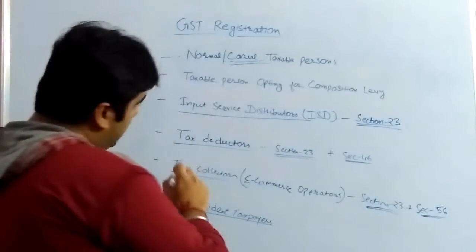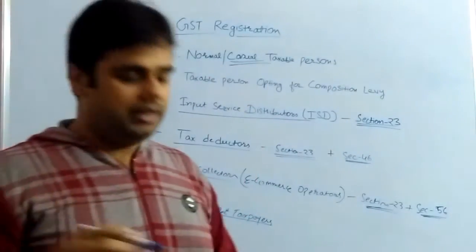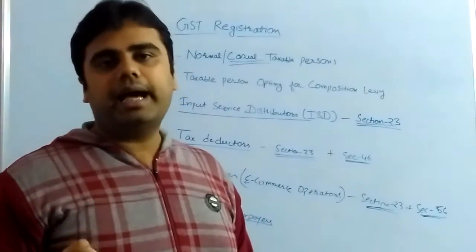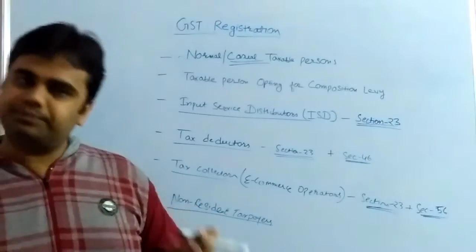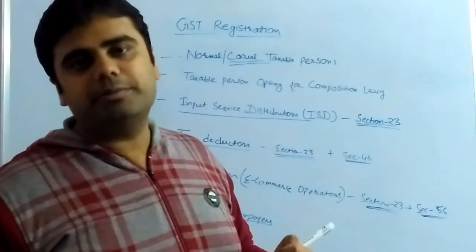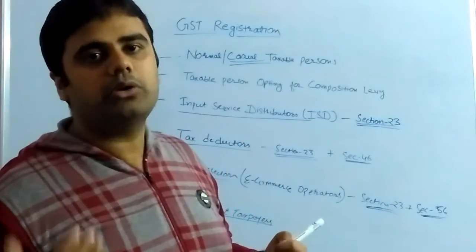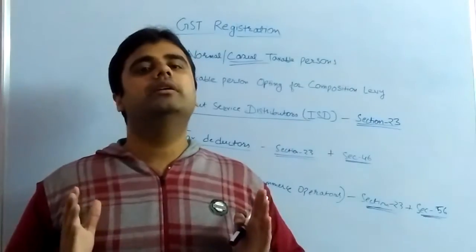Now, when I said these are similar to casual taxable persons, that was in the sense that they have to take a registration. They have to give prior intimation 5 days prior to the date from which they want to take the registration, and their registration duration will be a maximum of 180 days.